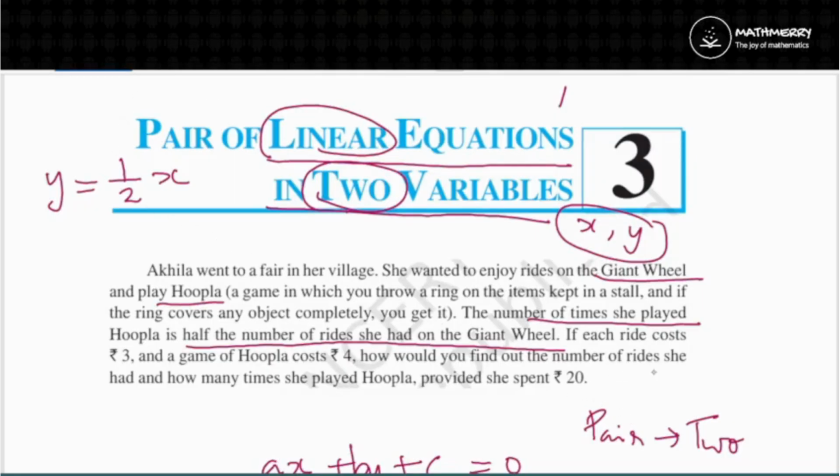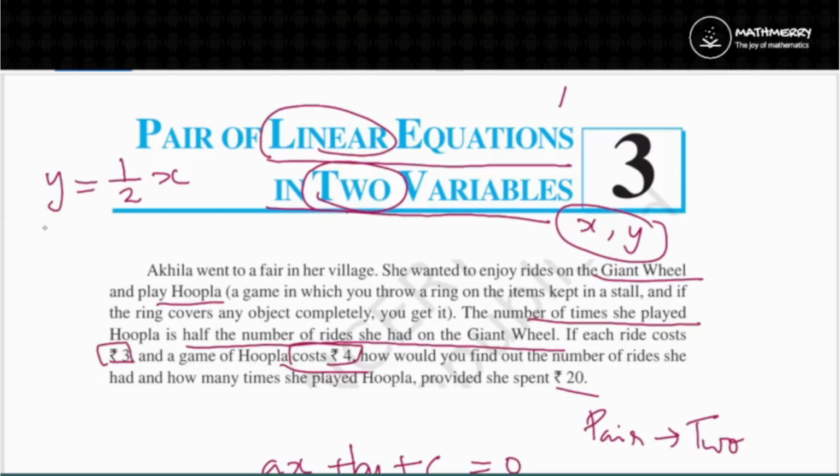Now next, it's given that each ride costs rupees 3 and a game of hoopla costs rupees 4. How would you find the number of rides she had and how many times she played hoopla, provided she spent rupees 20? So the total amount is given, and for the giant wheel ride we have rupees 3 as the cost and for hoopla it's rupees 4.